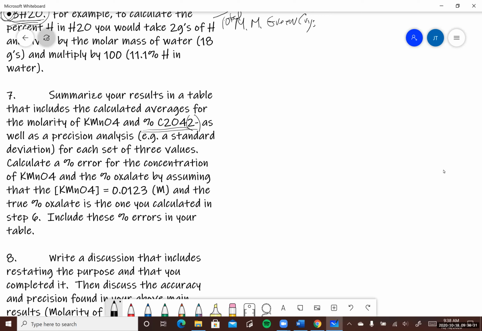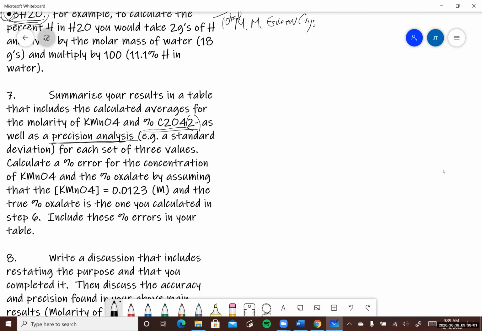So you want to put in those values for the permanganate, the oxalate, and their averages. And you want to do a precision analysis. So put those values for the standard deviation in there. And you could put in the average standard deviation or just the standard deviation, because either one is a measure of the precision for each of the 3 values.